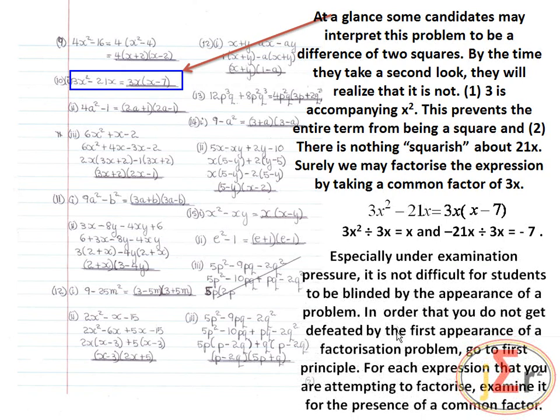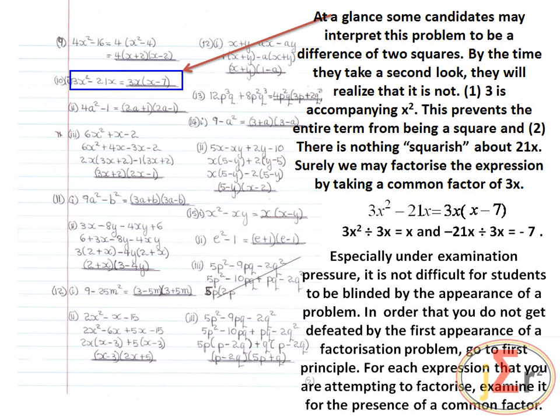Especially under examination pressure, it is not difficult for students to be blinded by the appearance of a problem. In order that you do not get defeated by the first appearance of a factorization problem, go to first principle.